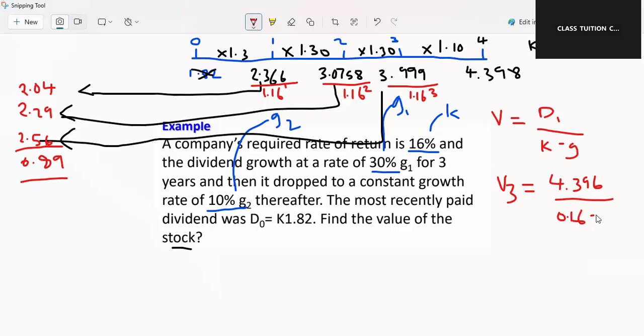So 0.10. So the value of stock as at year 3 will be 4.39 divided by 6% here. So meaning the value of stock as at year 3 here will be how much?